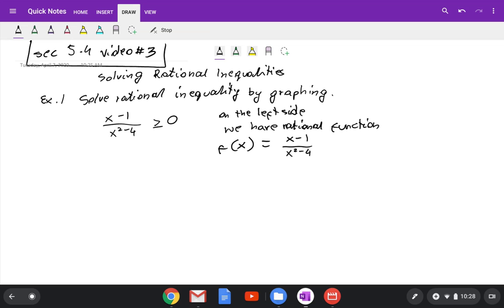So a rational function, you have a polynomial divided by a polynomial, and again, you're going to see the fraction. If we'll be able to use the TI-84, I'm going to show you how the graph of this function looks like. But what you will do first, you will graph f of x equal to x minus 1 over x squared minus 4.